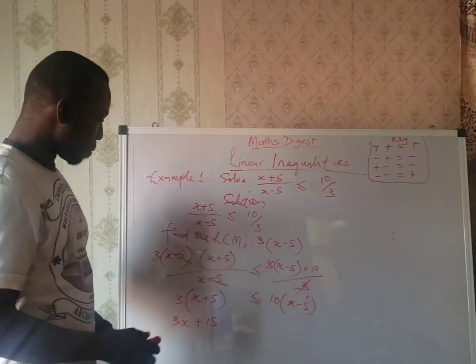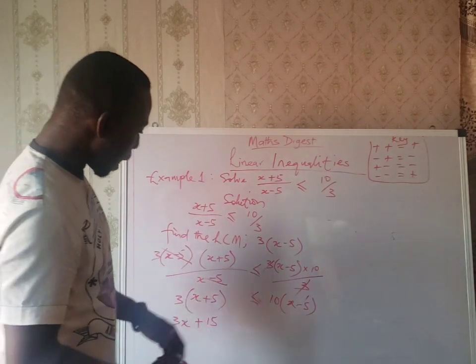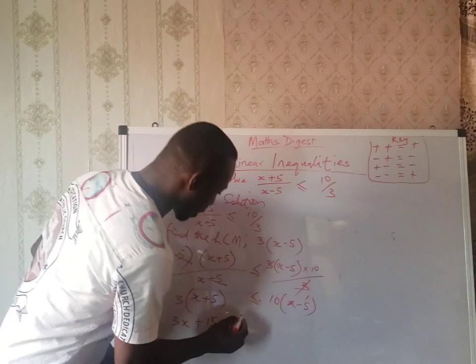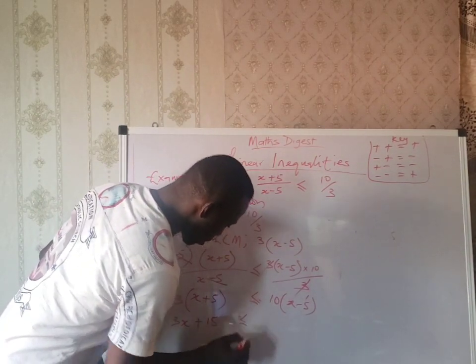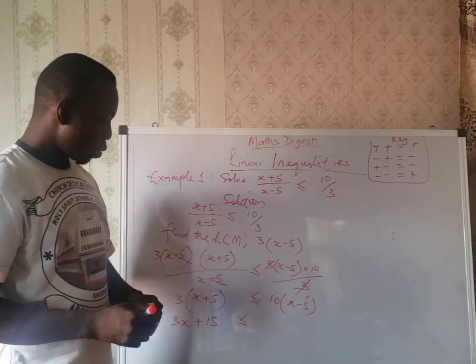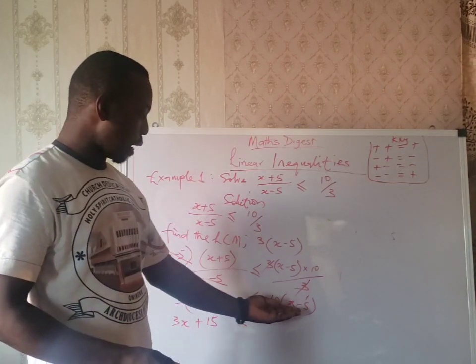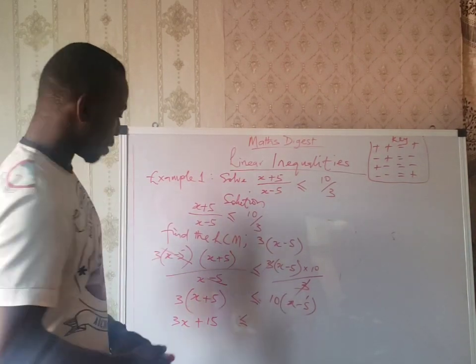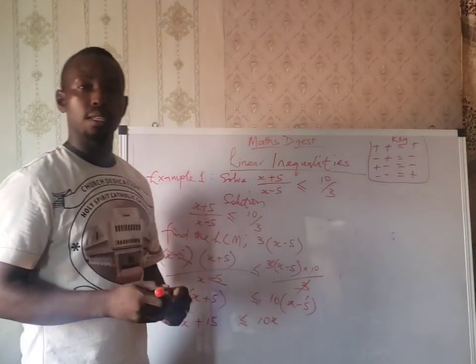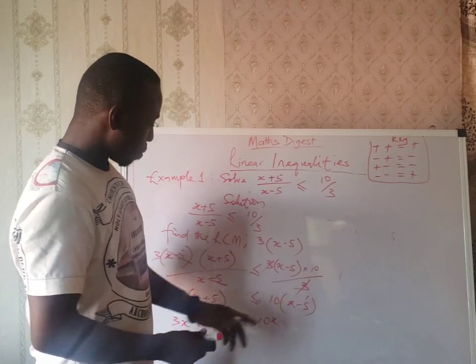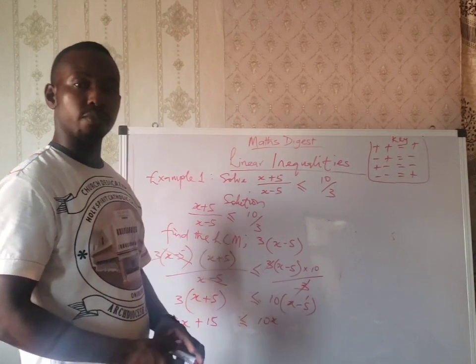So let's proceed. From this, we still bring down our equality sign, which is less than or equal to. We move to this: 10 times x is 10x. Now, 10 times minus 5.